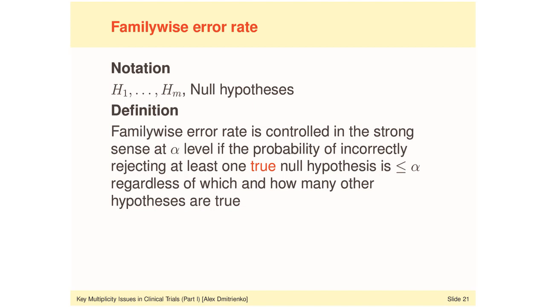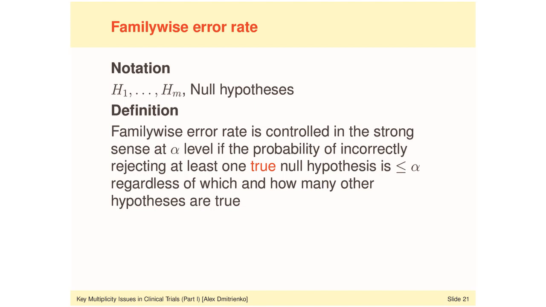This means that the probability of incorrectly rejecting at least one true null hypothesis is less than or equal to alpha, regardless of which and how many other null hypotheses are true. Well, it is quite a mouthful, and let us now try to digest this definition.